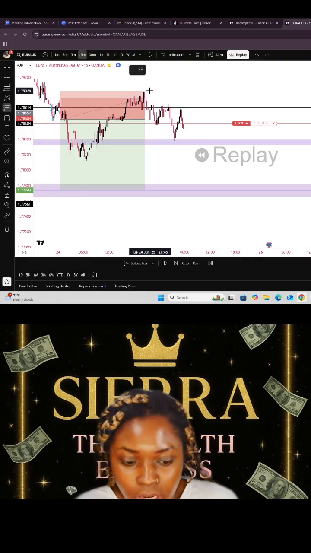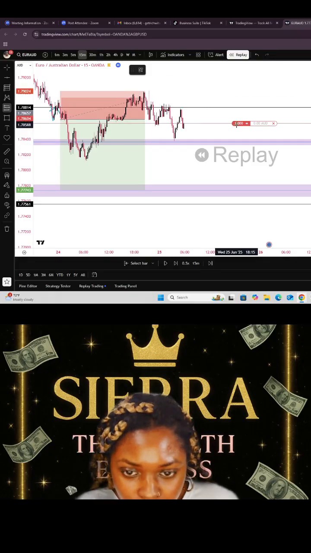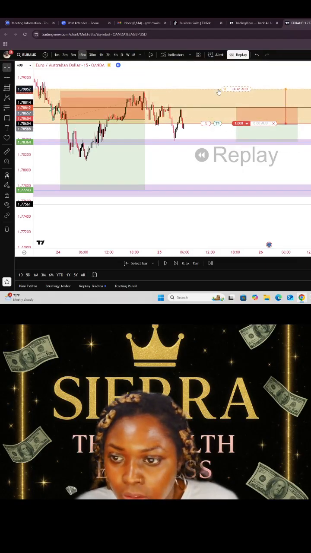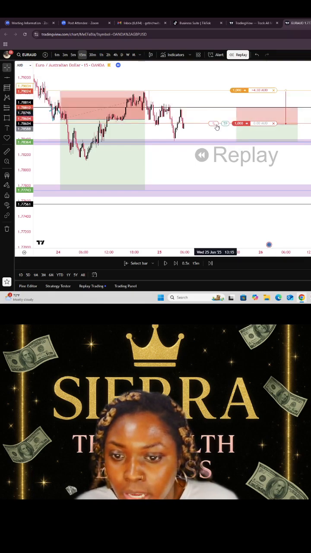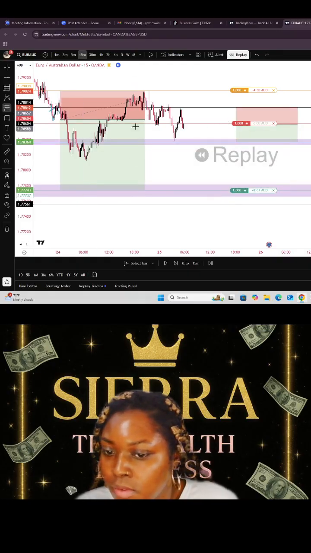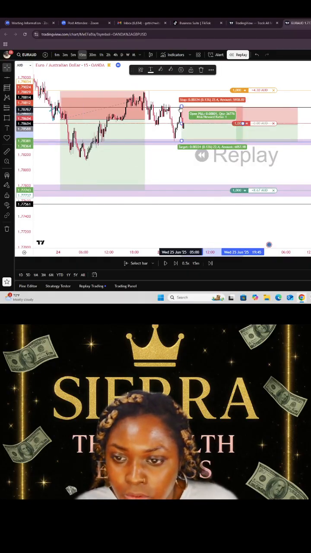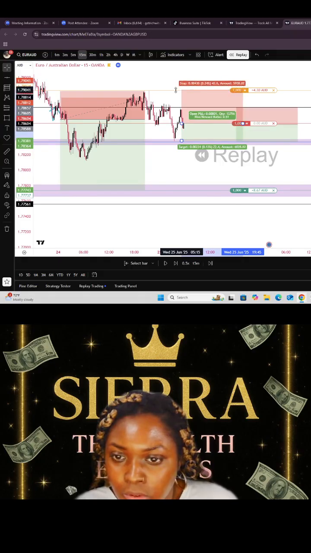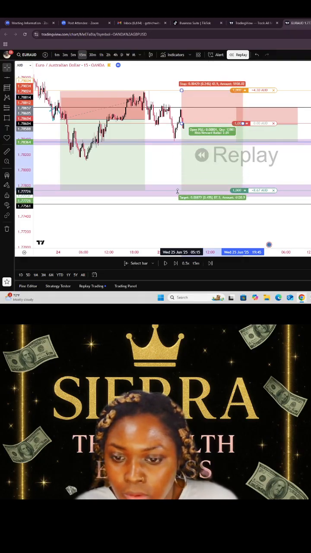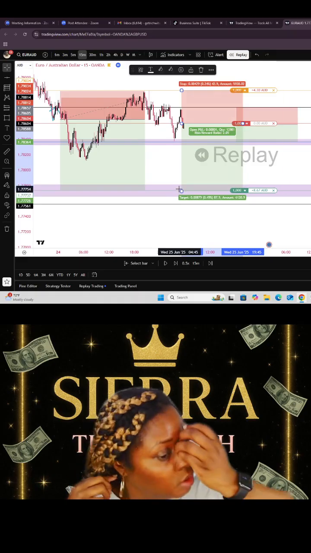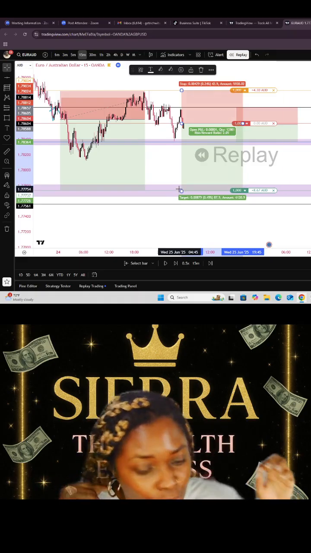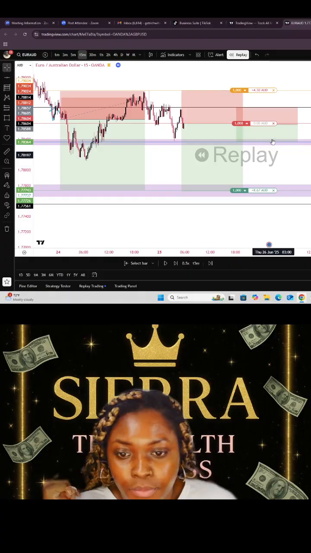Stop loss here above this rejection area, and we're targeting the same TP. And we just barely met a 2 to 1, but it meets the requirements.